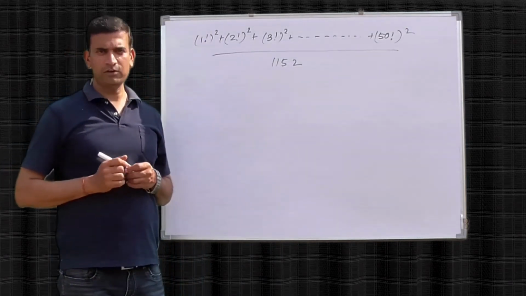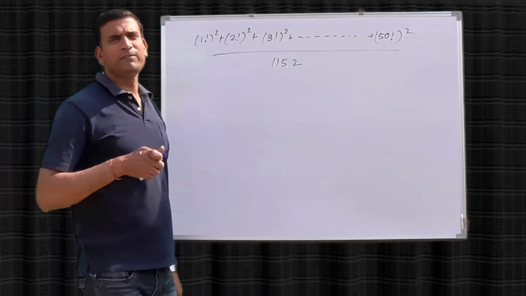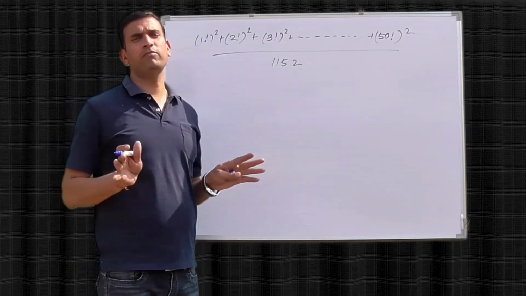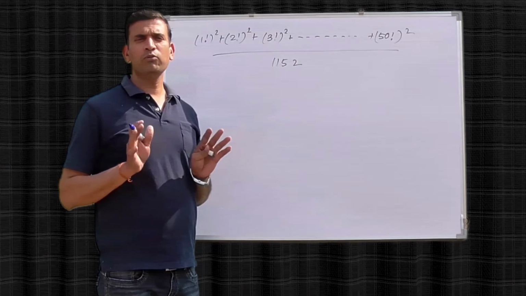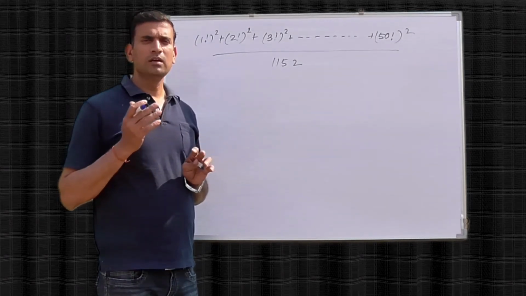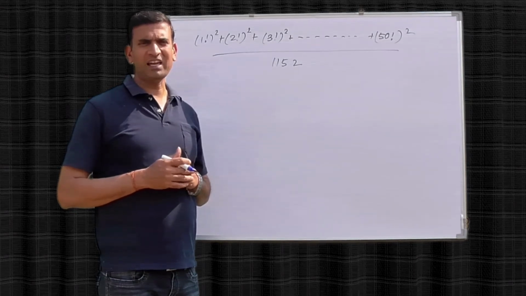This is the question that we have. Now 1152 is again not a prime number. So we have to find out how we can express 1152 in primes with powers.